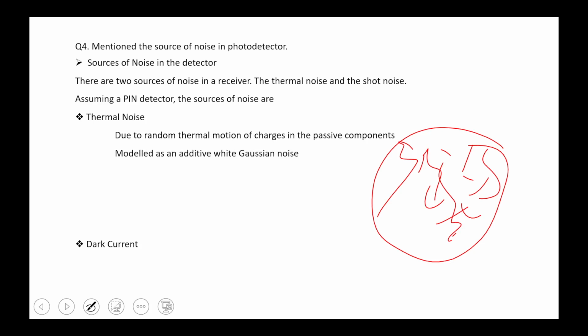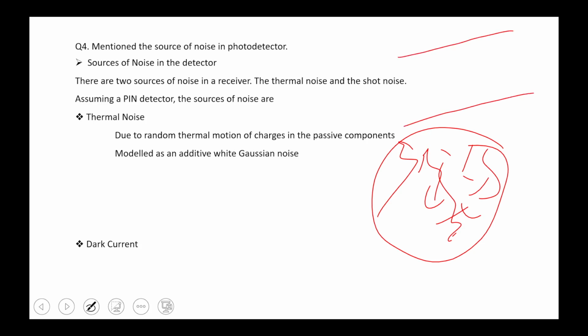Can anyone explain what is white Gaussian noise? What is the spectrum of white Gaussian noise? Anyone remember that? So it is maybe P by 2 and not. It's N naught by 2 maybe.